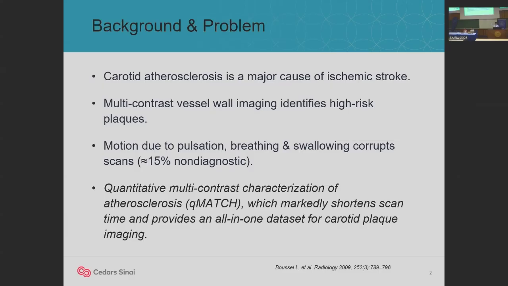One study reported that over 15% of studies are non-diagnostic. So in our group, we've been applying the so-called Q-match technique, which provides an all-in-one approach to give comprehensive plaque evaluation. However, even though it's one scan, it still takes almost 8 minutes, so motion could still be an issue.